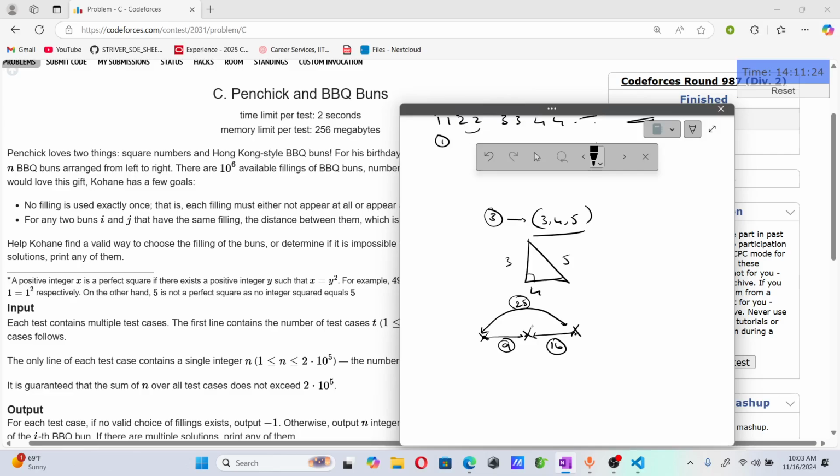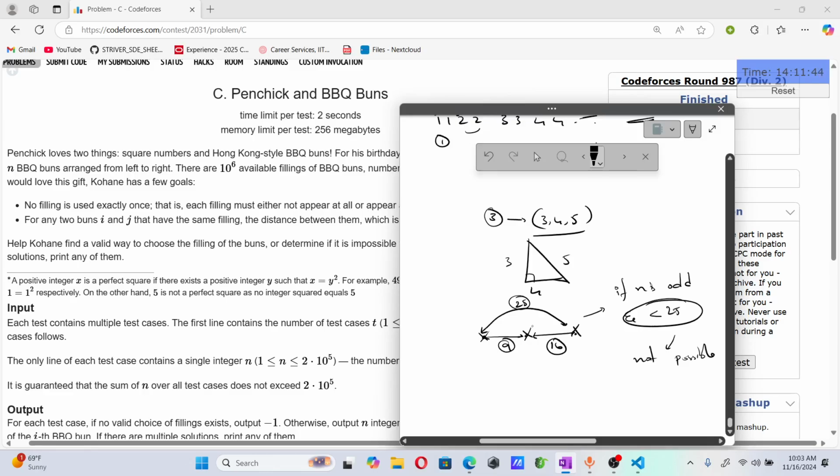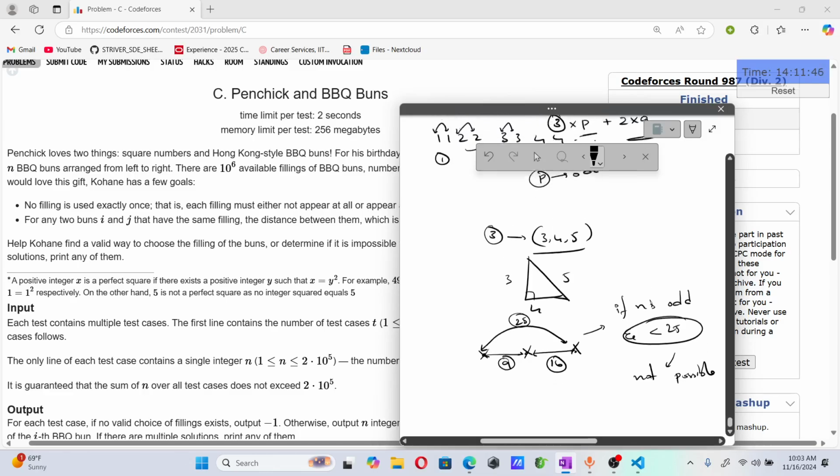So you can say one thing: if n is odd and less than 25, then there is no way you can fill it, so not possible, right?